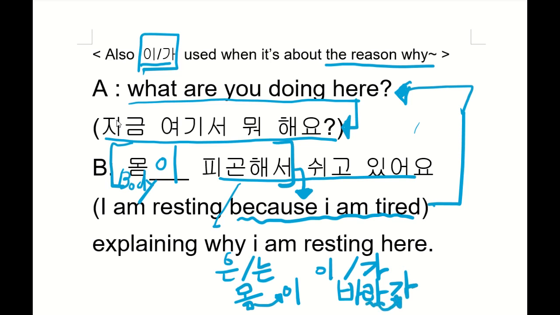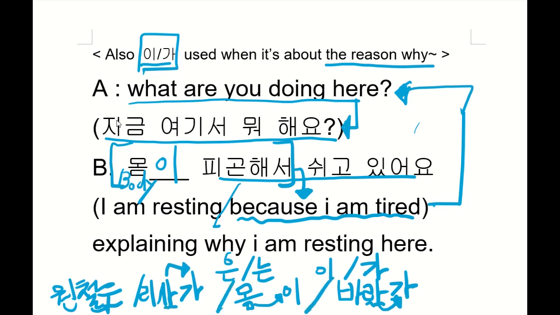Then 가. Same as 는, okay? 원철, 은, when it ends with a consonant. 리사, 가, when it ends with a vowel, okay? 몸이, 바라가. Okay. So in this case, 몸 ends with a consonant, right? So it is 몸이 피곤해서 쉬고 있어요. I'm resting because I'm tired. Okay.